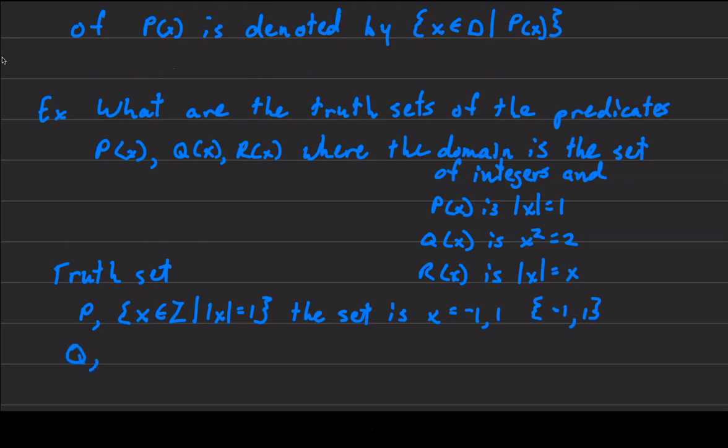For Q, this is x in Z such that x squared is equal to 2.